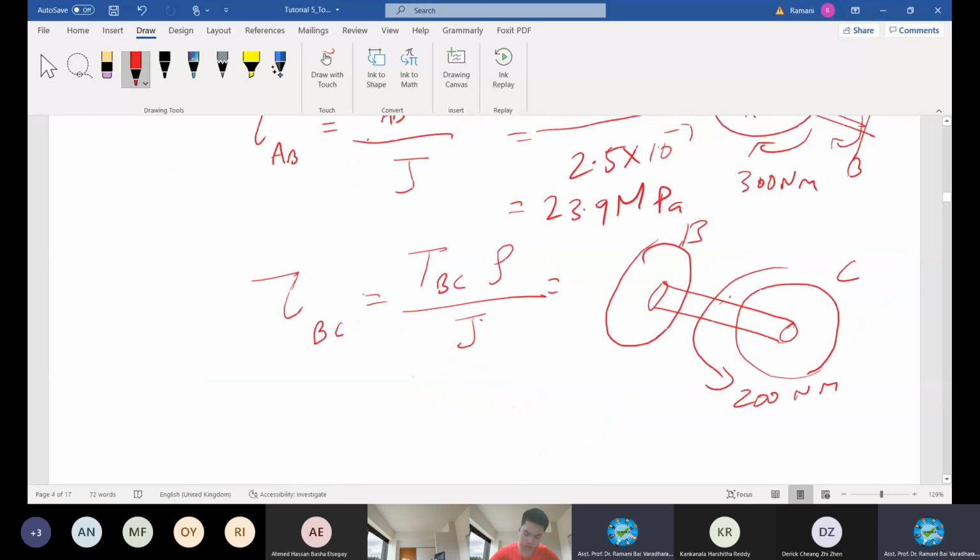Accordingly, I substitute the value here as 200, not the value of 100 at B. So for the section BC, I draw once again: there is a clockwise movement of 200 already acting at this point. But the net value I'm drawing is 200 into 0.02. All are following? If not, ask me immediately.